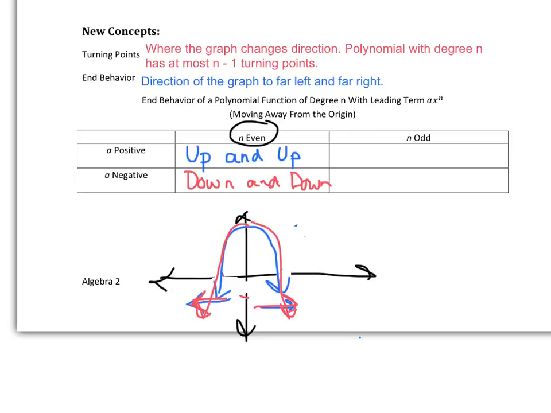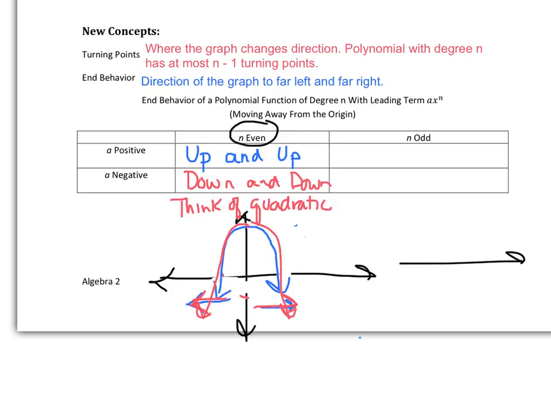So down and down. So that's with an even degree. Positive, up and up because we're opening up. Negative, you go down and down. So tie that always into quadratic. Think of quadratic here. And if you know the end behavior of quadratic, then you know the end behavior of all even degree functions.